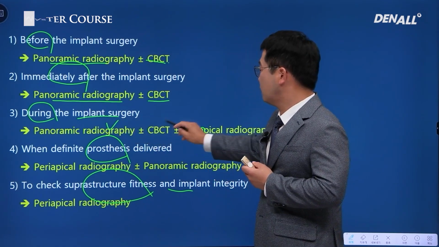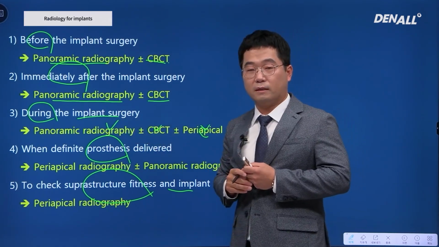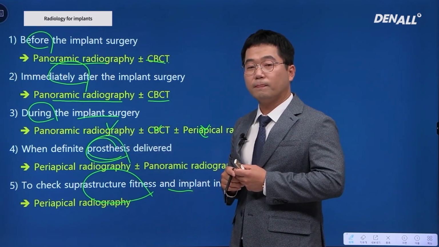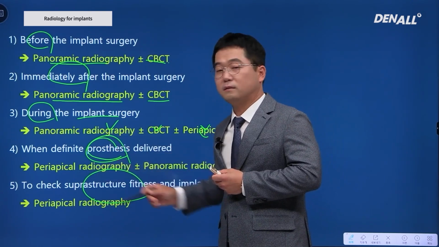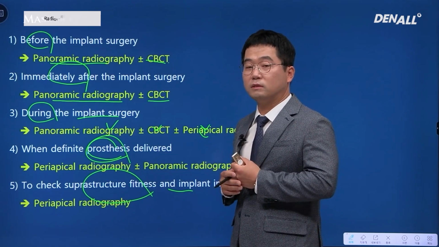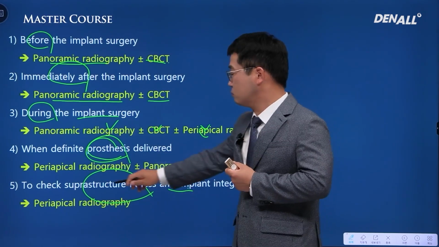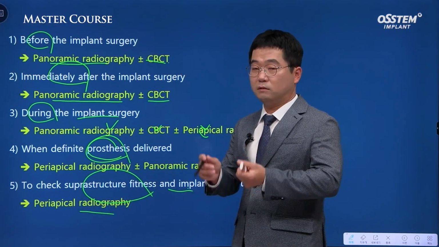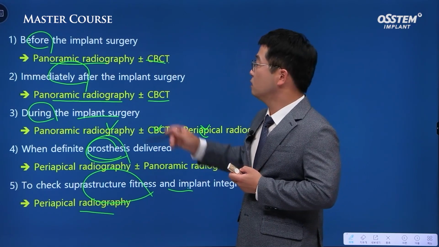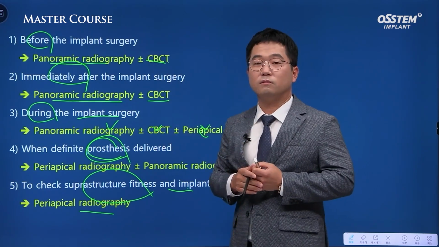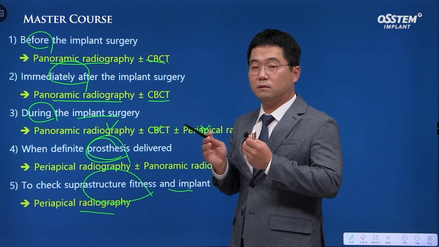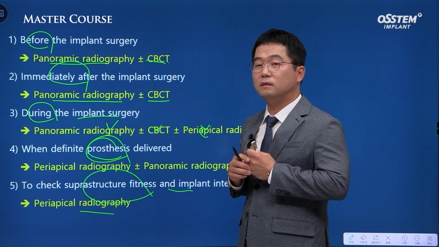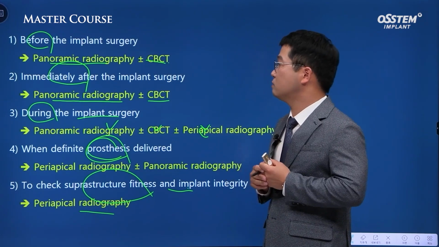In delivering the prosthesis, you can use periapical image and panoramic image. When checking the fit of the superstructure with the implant, the PA image can provide the most accurate information. If you remember this, as you provide implant treatment, you'll be able to use X-ray images appropriately.